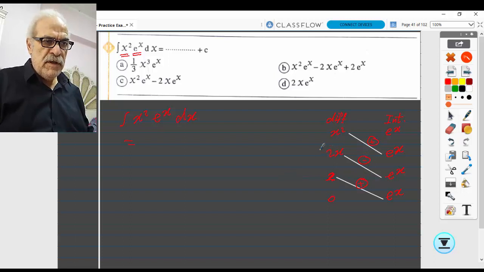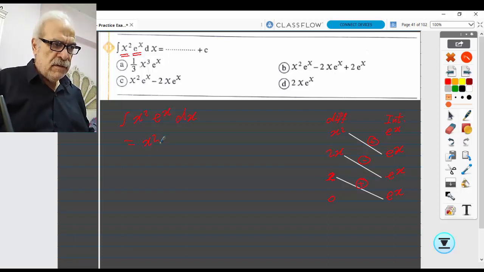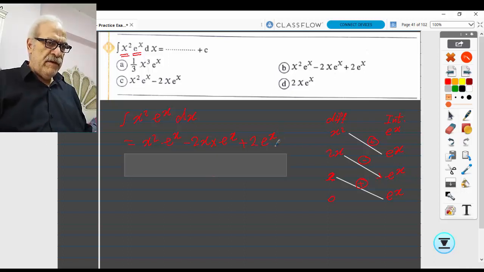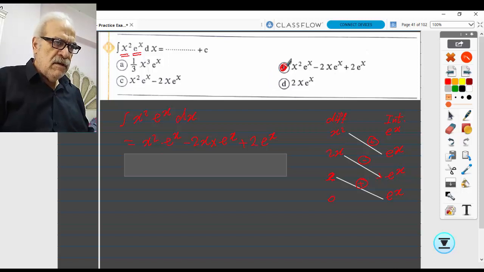Okay, x square multiply e power x, minus 2x multiply e power x, then plus 2 multiply e power x. So we'll get 2 e power x. So this result, x square e power x minus 2x e power x plus 2 e power x, is in letter B.